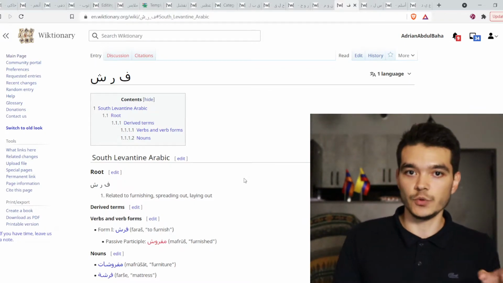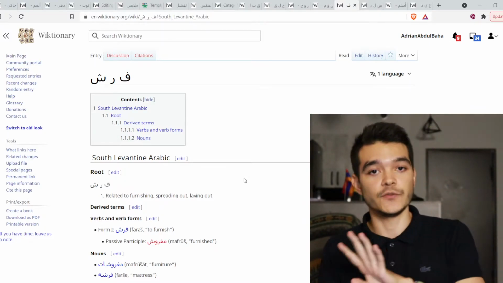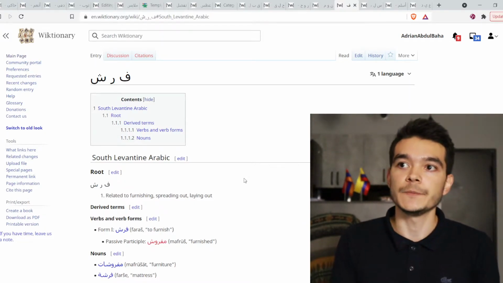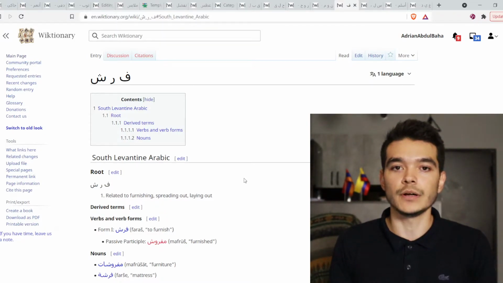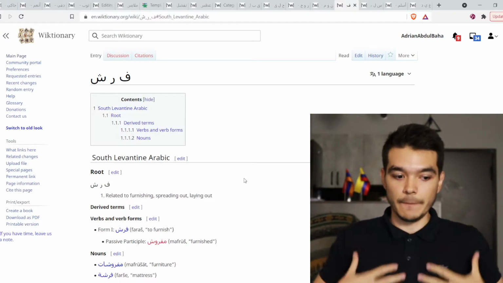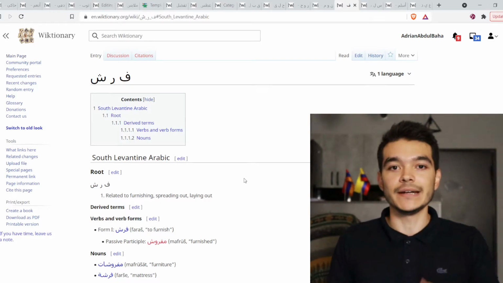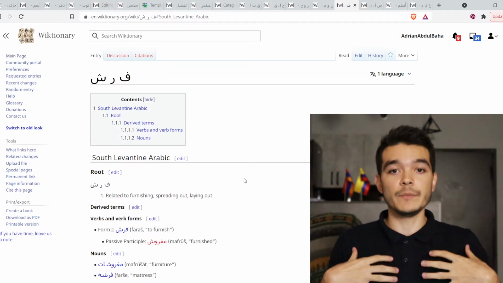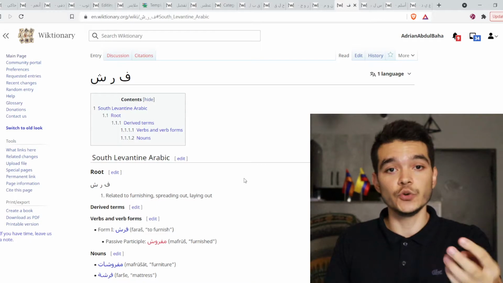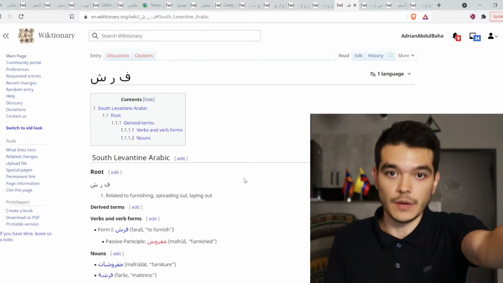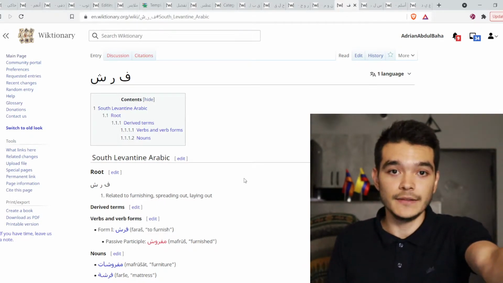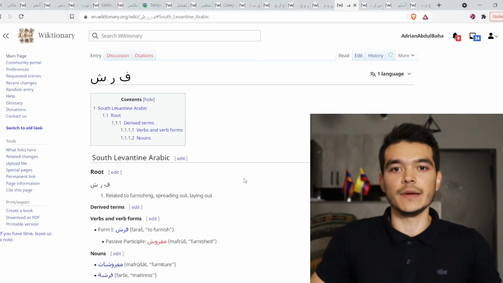So farraj would be form 2, and itfarraj is form 5. Another example would be ithammam, which means to bathe, like I bathed, but hammam in form 2 is to bathe something else or someone. So hammam, to bathe, ithammam, for me to bathe.